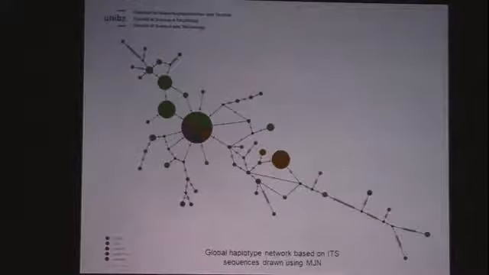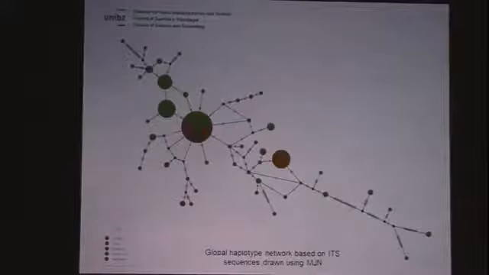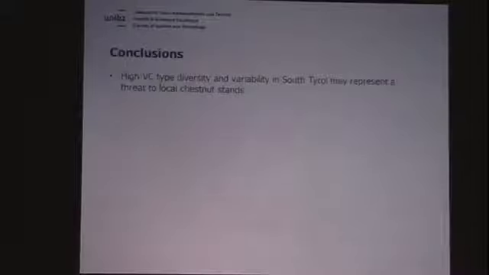Another evidence of the relationship between Hungarian isolates and South Tyrolean isolates was found when, as I told you, EU13 was the third most dominant VC type in South Tyrol. It was also the most dominant VC type in Hungary. Whereas in Switzerland, in Austria, in France, EU2 was the most dominant.